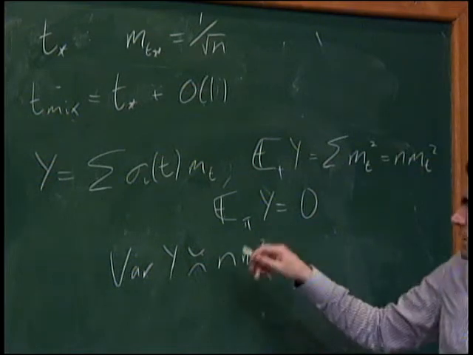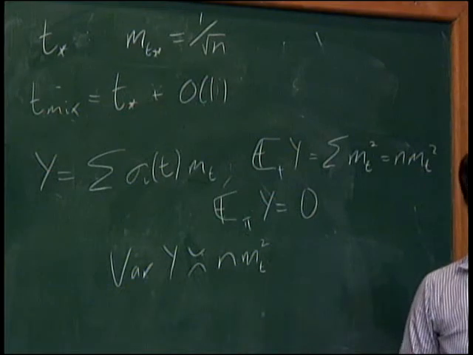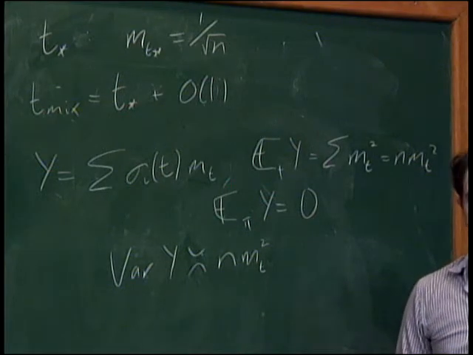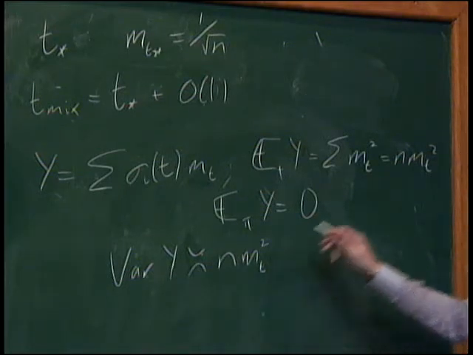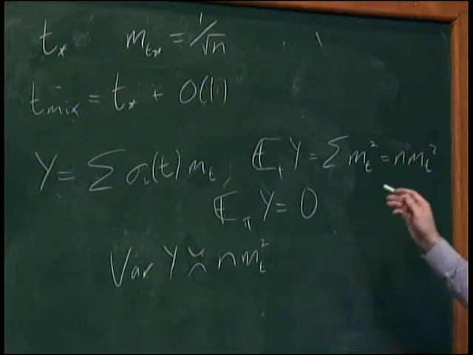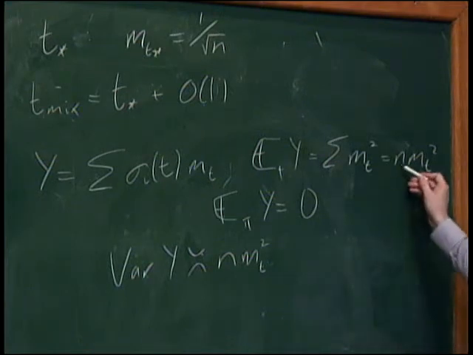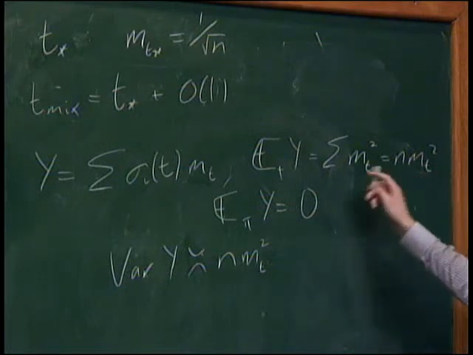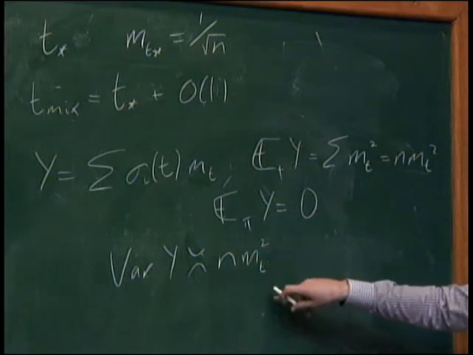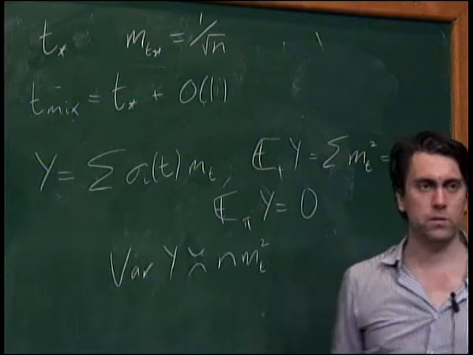So if you calculated the variance of this, assuming they were weakly enough correlated that you could just add up the variances of individual terms, this is what you'd get. So the variance is the same order as the difference of the means, but that means that if n M_T squared is big, then the difference of the means is much bigger than the standard deviation of this random variable Y.